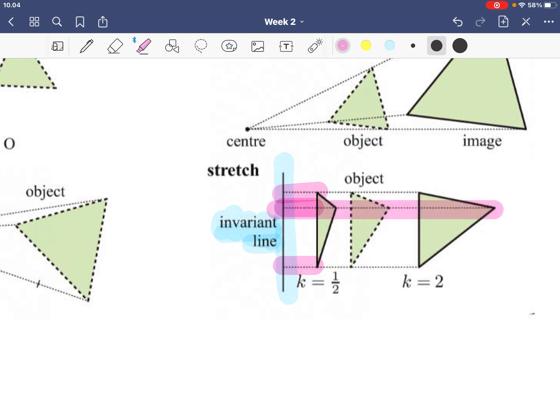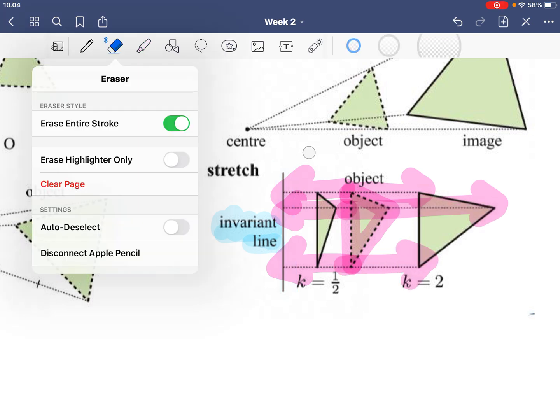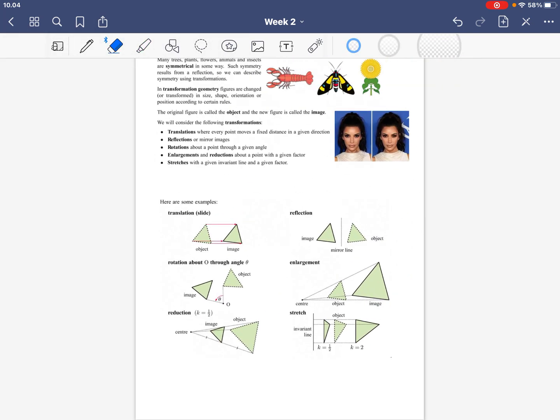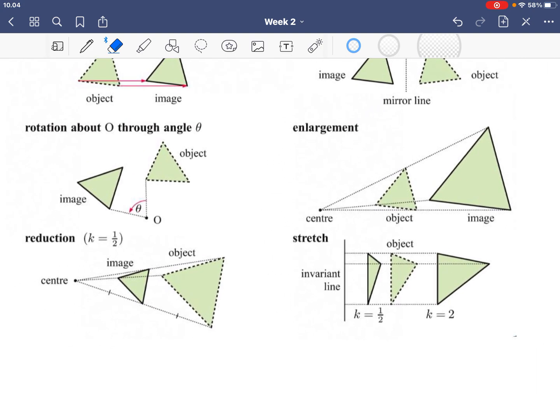The object is this, so this is the original. We could stretch it this way, kind of smushing it, right? Then we could also stretch it that way, make it even bigger. Depends on your K. Could be 1/2, could be 2.